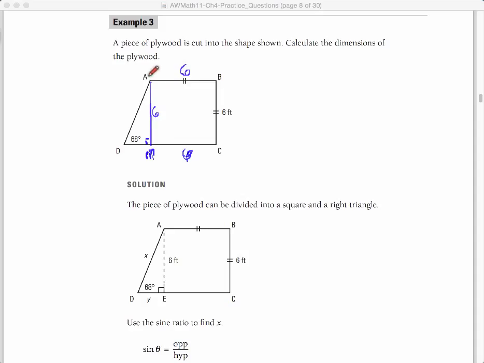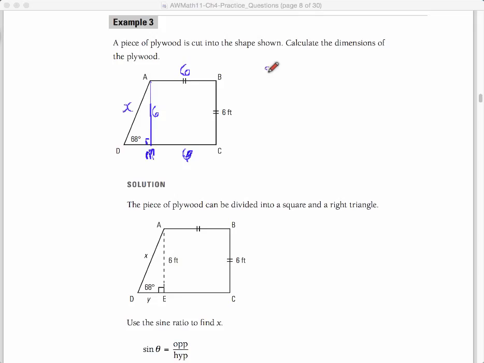So let's calculate AD first. This is going to be the hypotenuse for this particular triangle. So we're trying to involve the hypotenuse. We'll call it X for now. And we're trying to use the angle and the opposite side to the angle. DM is the adjacent. Alright, so we're going to use the opposite and hypotenuse.